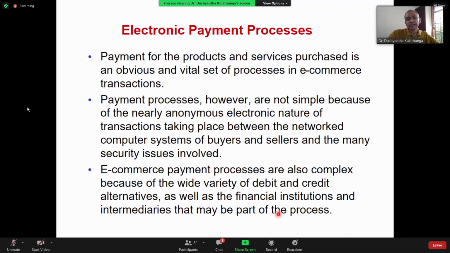So therefore, the payment process is also complex due to this availability of a large number of cards, and whether to accept all those cards can be an issue for an organization. And when it comes to certain organizations, they may not accept all the types of cards available. They may have their own restrictions, and some sites may not accept, for example, American Express.